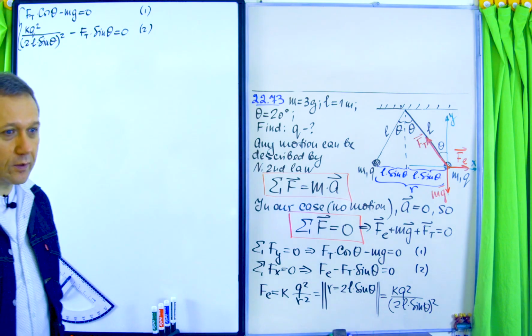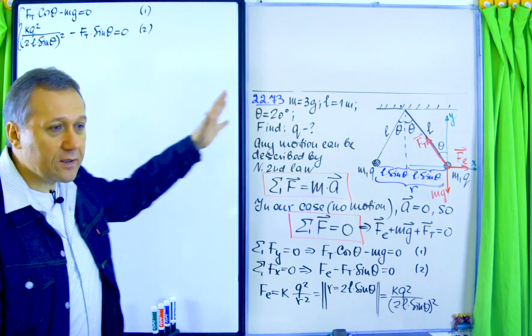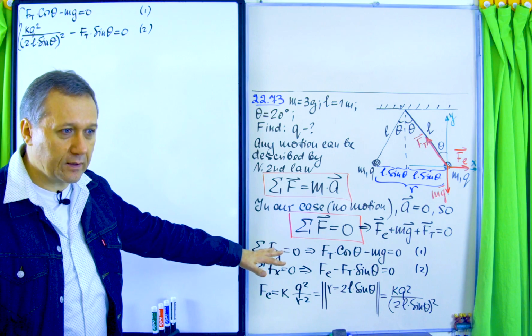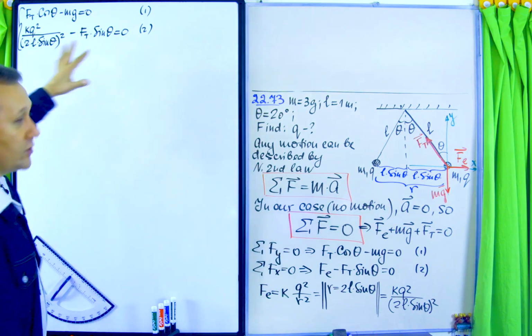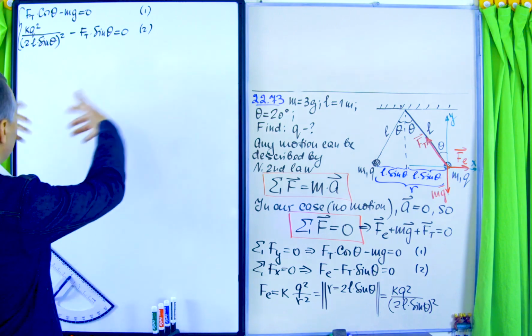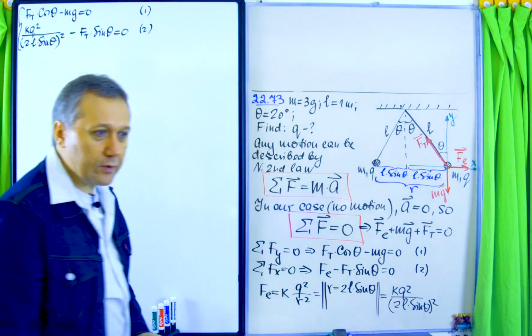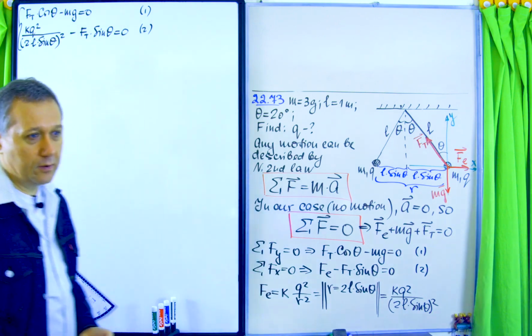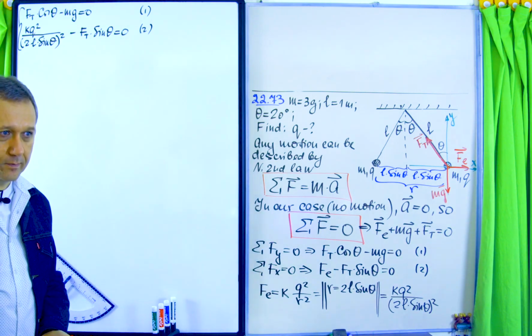So at this point, I can say that physics is over. We applied all physical ideas, all physical concepts. Now the rest is just algebra. You have a system of two equations, and we revealed the whole truth about the system. Now it's just mathematics, simple algebra.